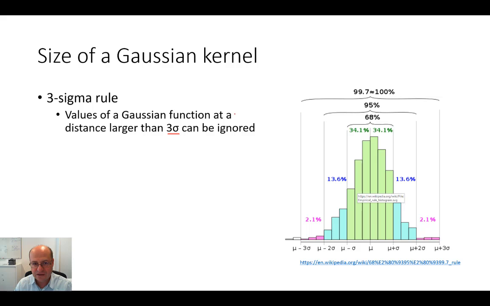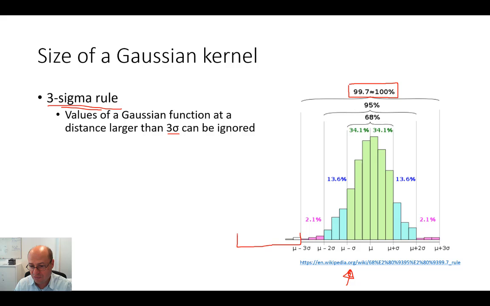Why is that? Because from basic statistics, and you can read more, this Wikipedia page is quite well written, or you can get a book on basic statistics, you see that if you take 3 sigma, you are actually representing in the Gaussian 99.7% of all of your data.